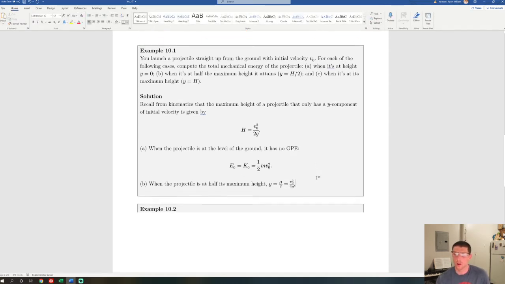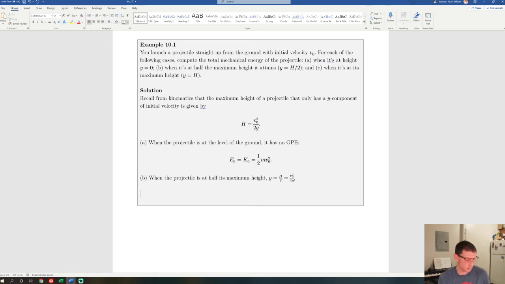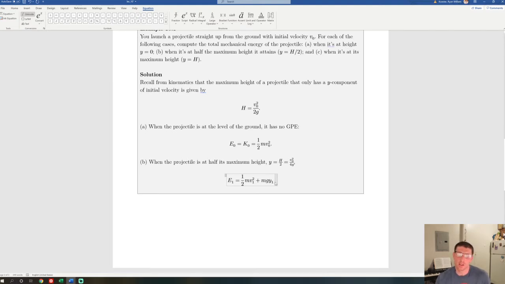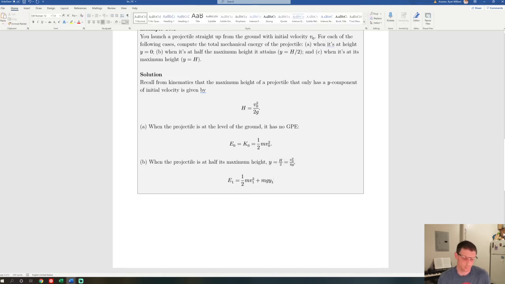And we'll calculate the mechanical energy here, which I'm going to write now as E1. So we have 1/2 m v1 squared, which is now the kinetic energy when it's at half of its maximum height, and there's going to be some gravitational potential energy now because it's no longer at the level of the ground. We know exactly what its height is at this time. It's what we found here. So let's fill this in.